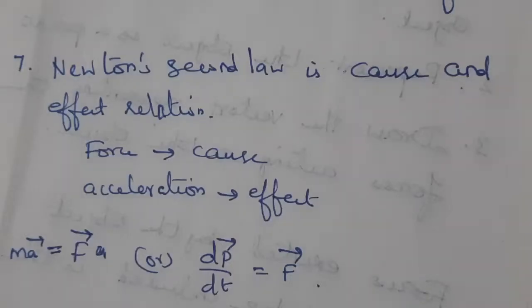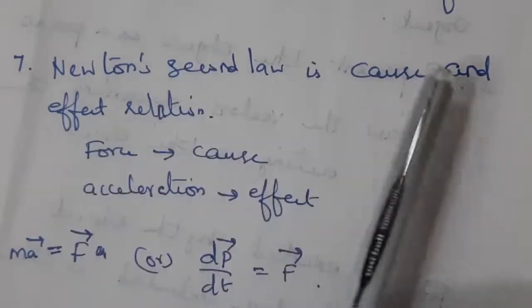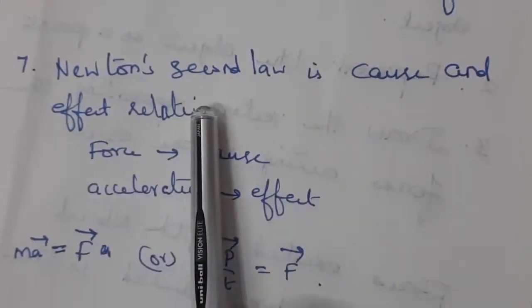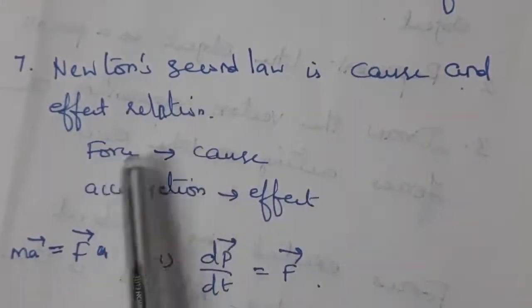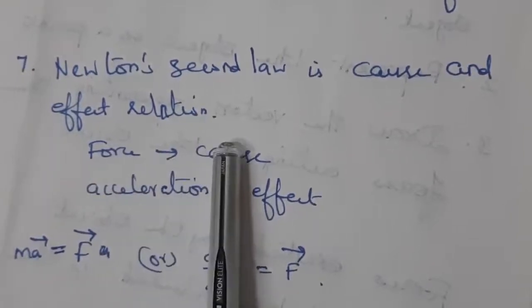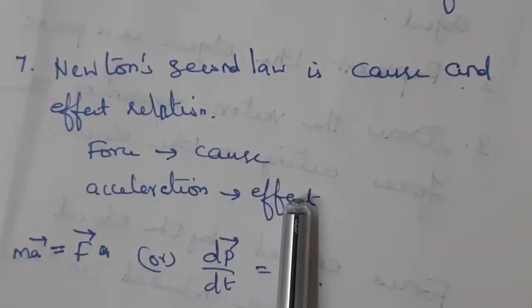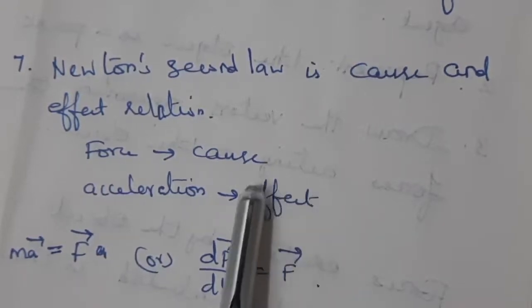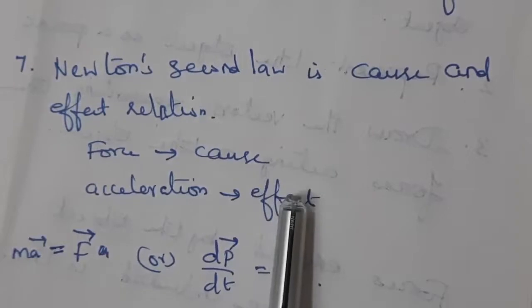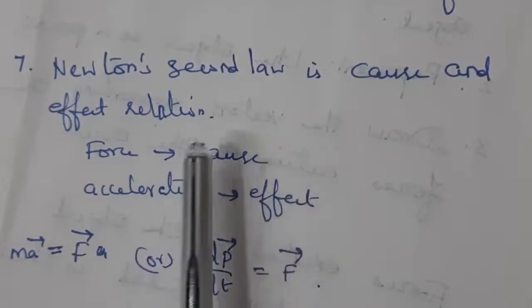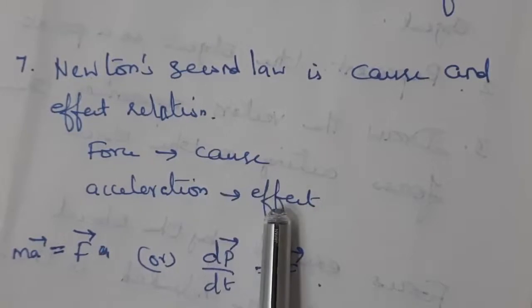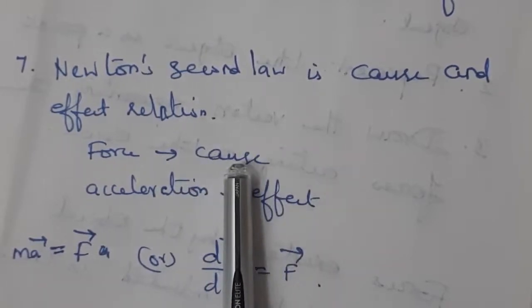The next one is, Newton's second law is a cause and effect relation. Here force is the cause and acceleration is the effect. Conventionally, the effect should be written on the left side of the equation and the cause on the right side of the equation.